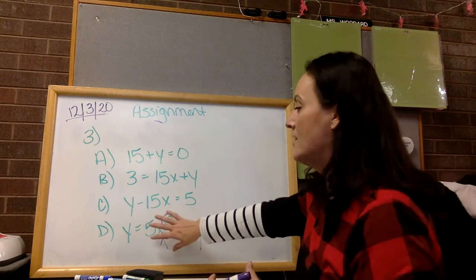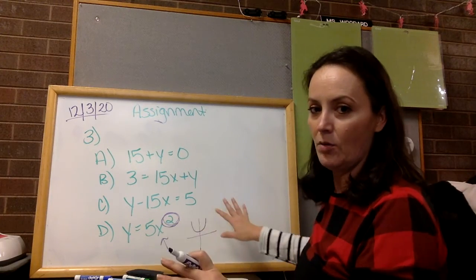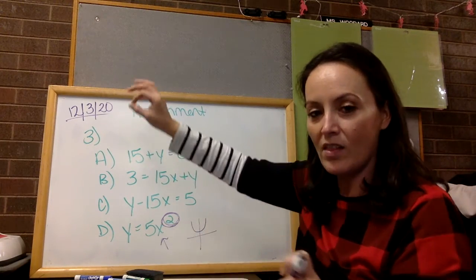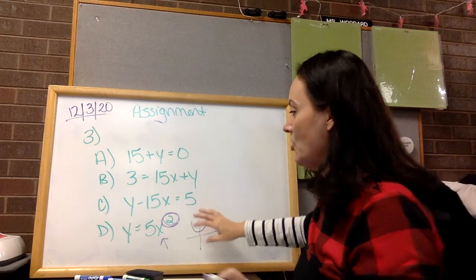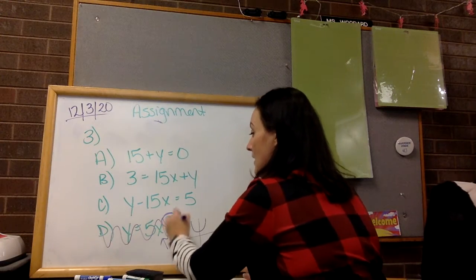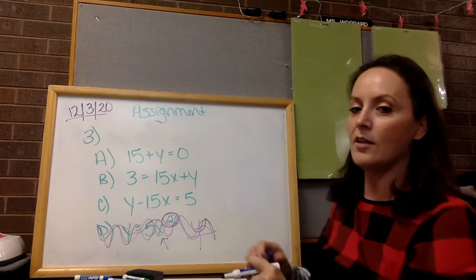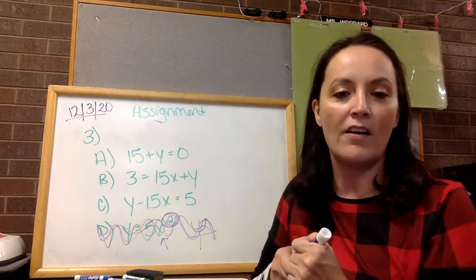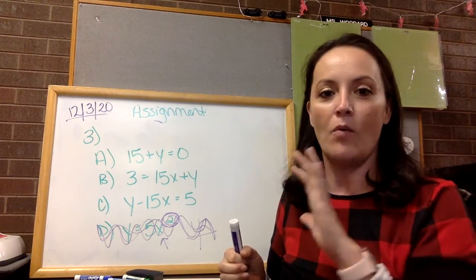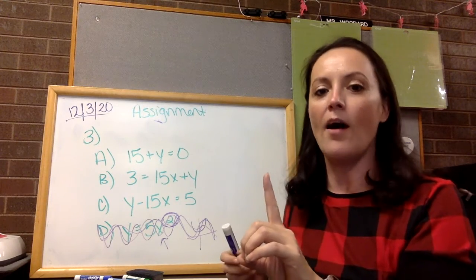This is not at all a linear relationship. This is not a straight line. So I want you to eliminate this one immediately. That's always going to get x'd out. We are not dealing with any exponents on our variables. That x and that y stay just to the first power.